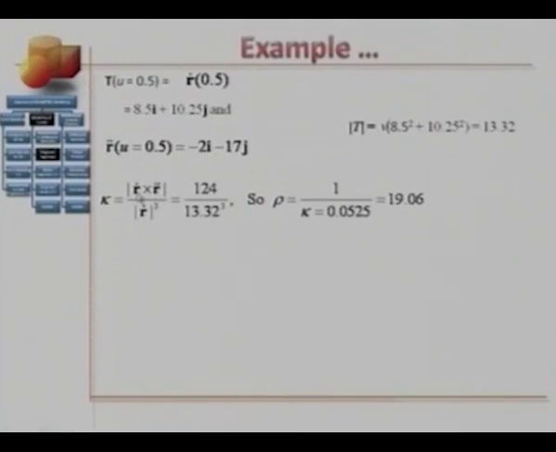Computing the cross product is not very difficult. The magnitude will come out to be 124. We know what r dot is, so kappa is 124 over 13.32 the whole cube, which would mean that the radius of curvature is 1 over kappa, which is 19.06 at u = 0.5.